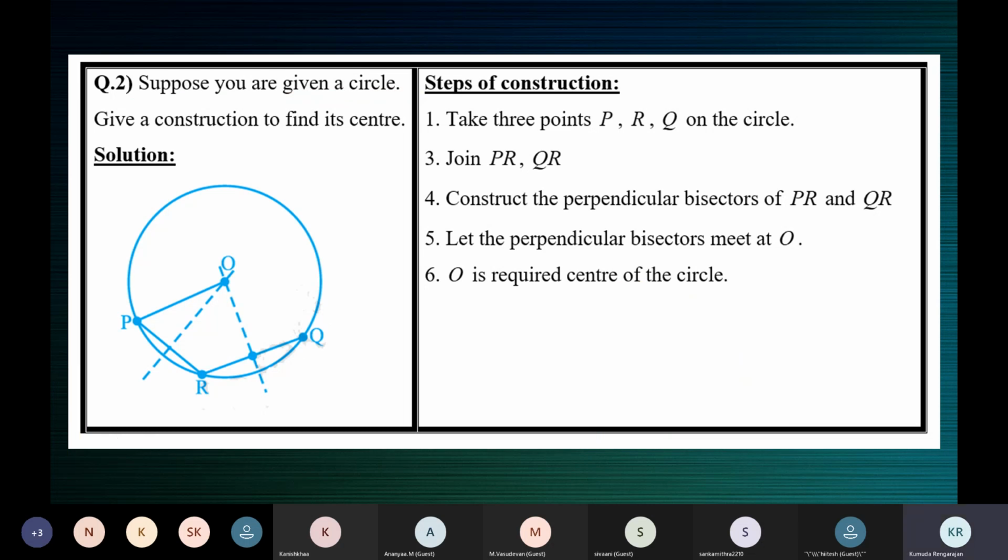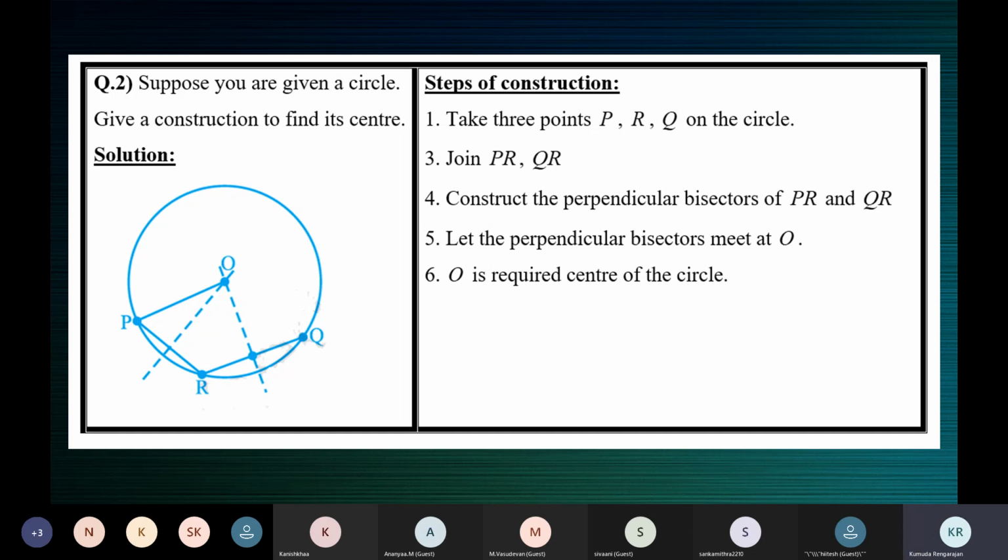You're given a circle, so you have to start by taking 3 points on the circle, P, R, and Q. Join them. When you join the 3 points, you have 2 chords, PR and RQ. Draw the perpendicular bisector of PR and the perpendicular bisector of RQ. They will intersect. The point of intersection is the center of the circle.